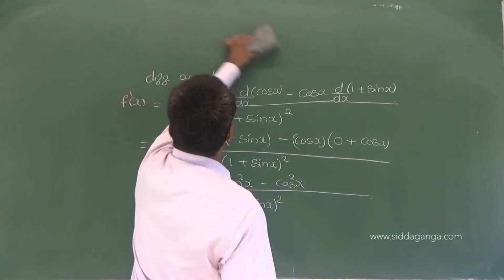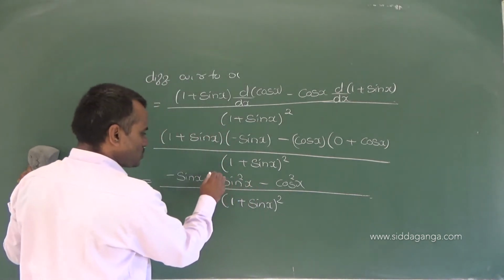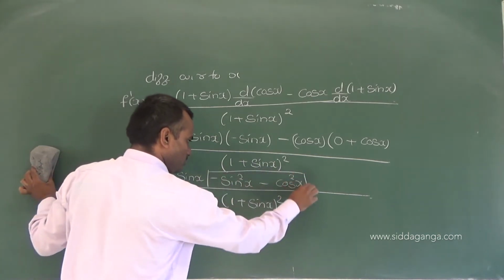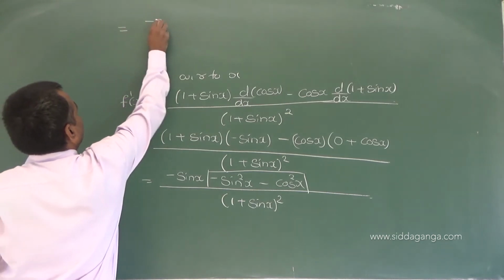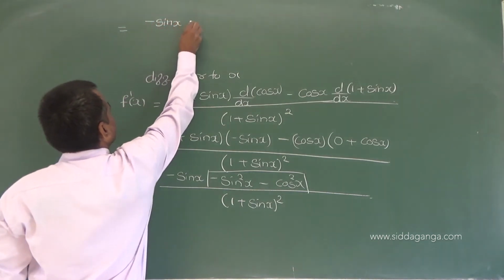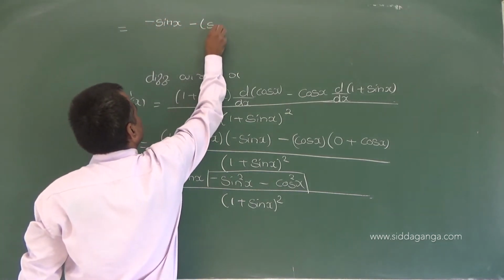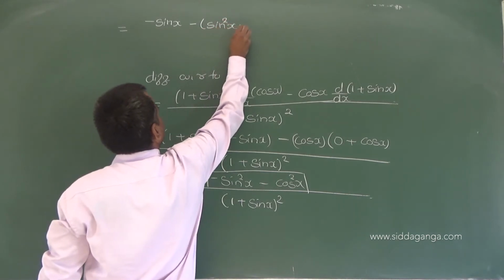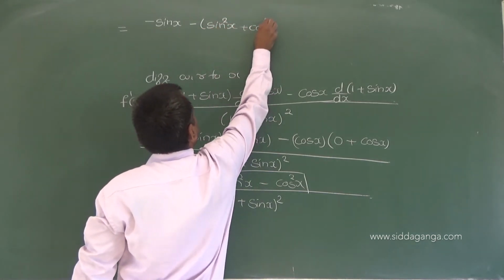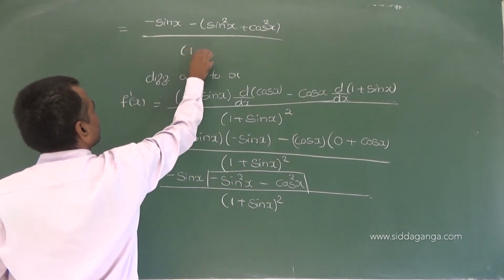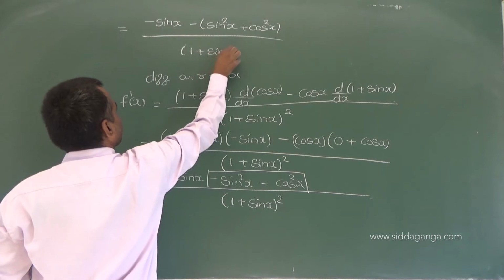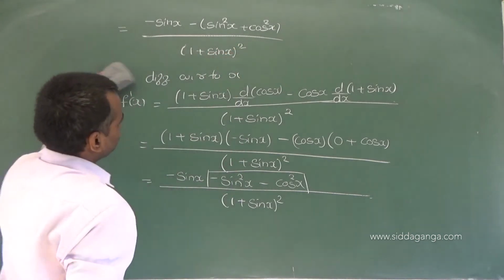Right here, in these two terms, if I take minus common, minus sin x, if I take minus common, sin square x plus cos square x, whole divided by 1 plus sin x whole square.